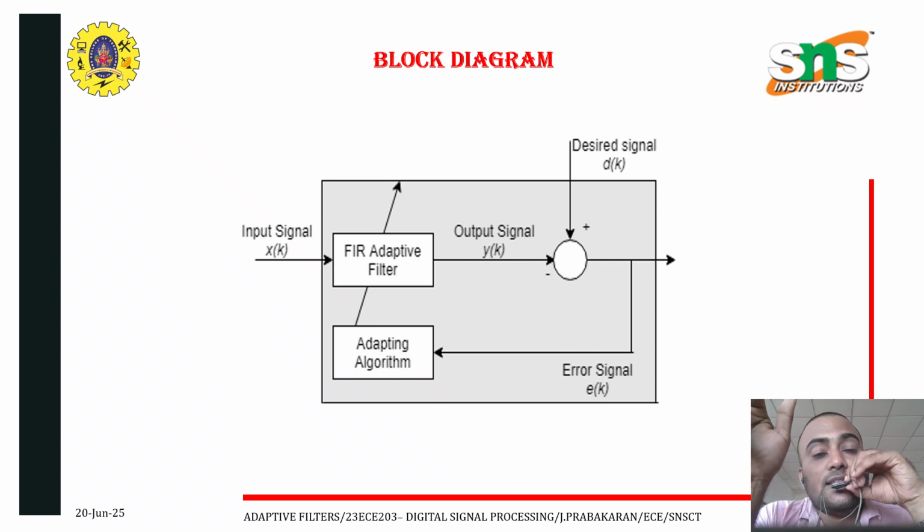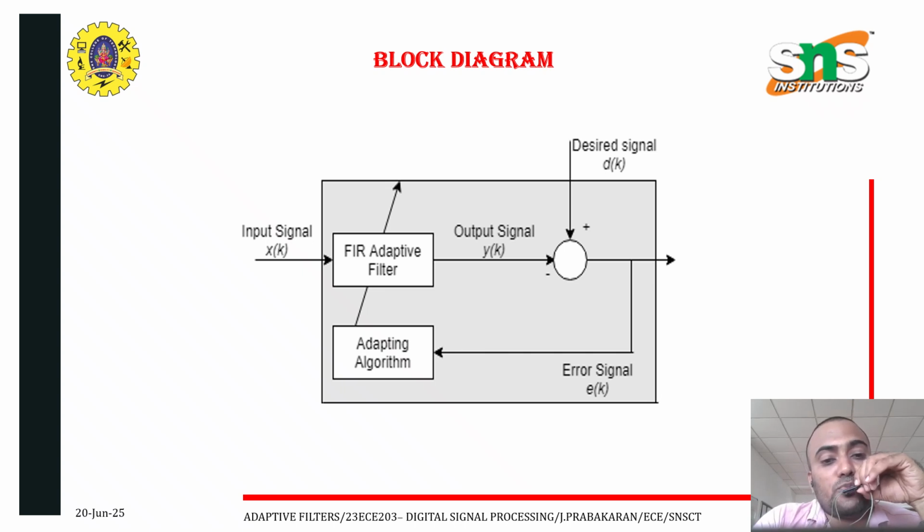It processes the input signal x of k to produce the output signal y of k. The y of k is the output signal. This is the current output of the adaptive filter based on the present filter coefficients and input signal.